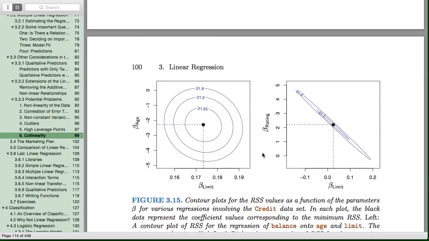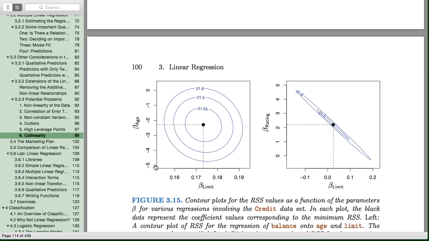And here's how you can see that that's potentially a problem. Remember that what we want to do is choose our beta values, beta naught and beta 1 and so on, to minimize RSS. So here's a plot of two unrelated variables and RSS. This is a contour plot. Imagine you're looking down into a bowl, or a lake.